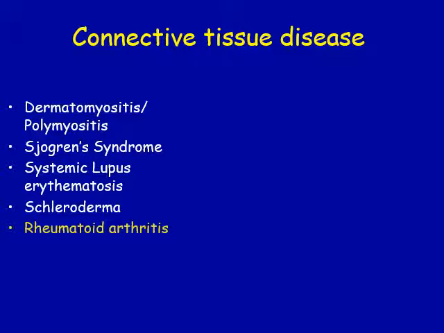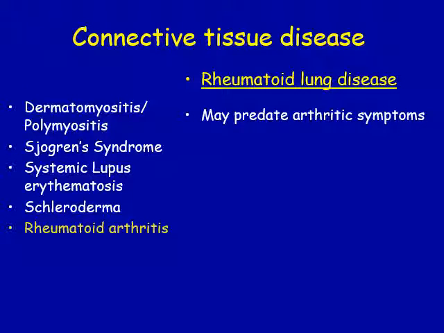We come to rheumatoid lung disease. It may predate the arthritic symptoms, meaning the symptoms of the lung disease may come before the arthritis. It is caused by the disease itself or by treatment, because many anti-rheumatic drugs like methotrexate or other drugs can cause lung fibrosis.